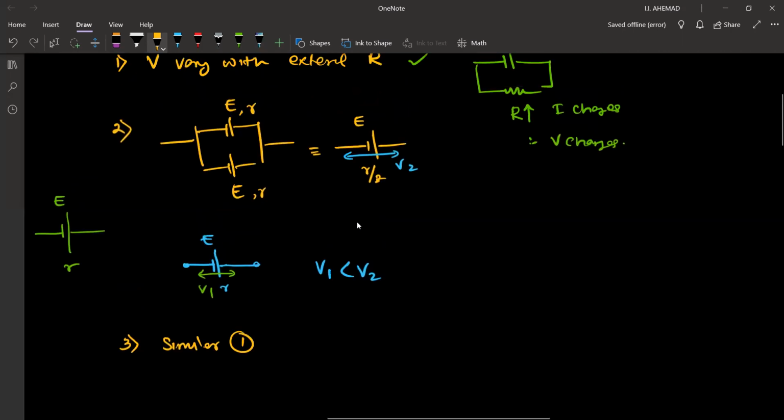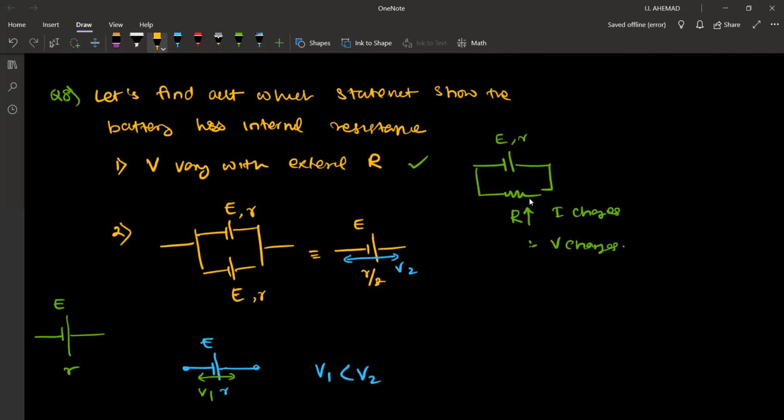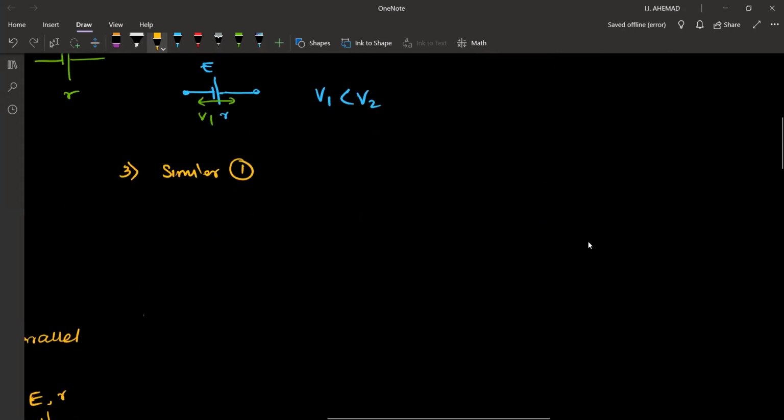So it is just like having an external resistor. If you change R, I changes, and then V changes. So that is also similar to the first one. So that also shows that it has internal resistance. Fourth, the cell becomes warm when its terminals are short-circuited. So that is also correct.